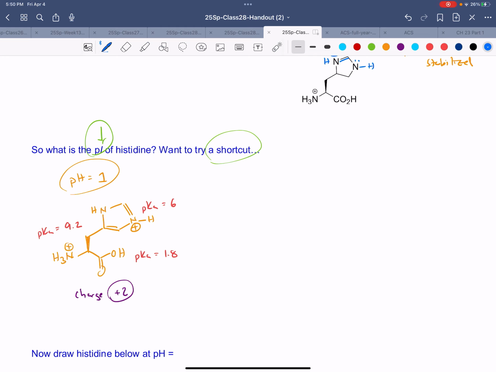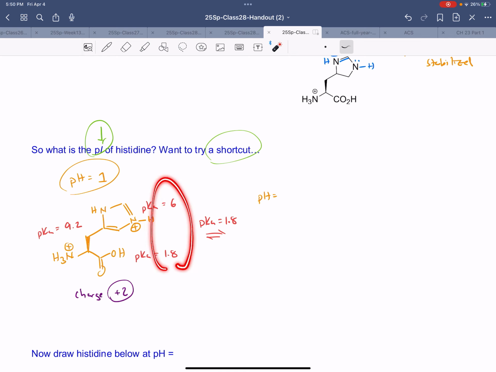The first pKa I'm going to cross over is 1.8. So let's pick a number above 1.8. Let's say pH equal to 2 or 3 or 4. I just can't go above 6 because these two are neighbors to each other.